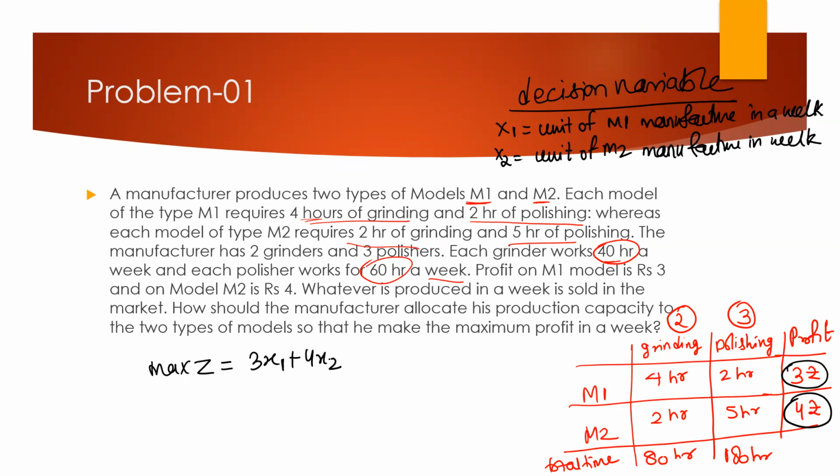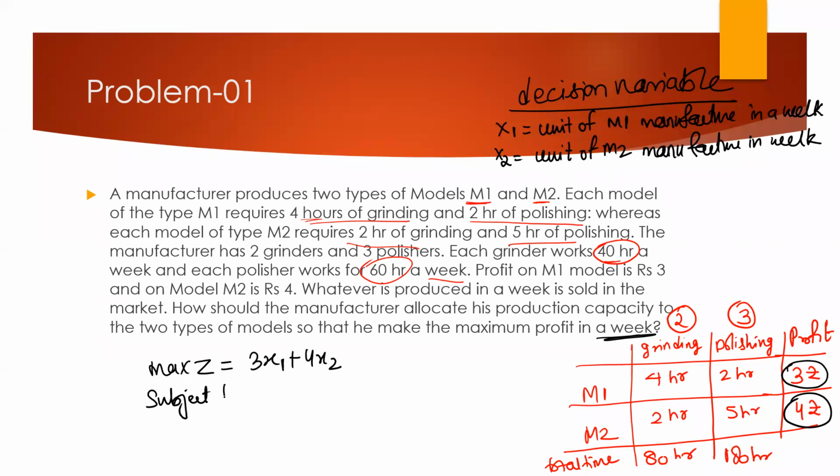If you notice in this problem, they have given a time period of a week. So you cannot manufacture infinite units of M1 and M2; you can only manufacture limited units. So let me manufacture x1 units of M1 and x2 units of M2. My objective function is maximize Z = 3x1 + 4x2, subject to constraints.